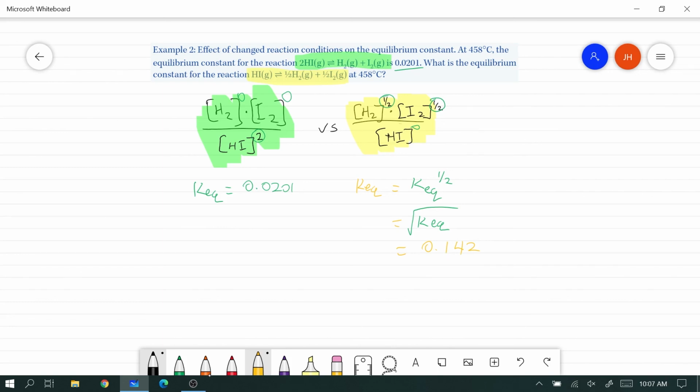On the flip side of this, if we were to look at this reaction here and instead double all of the coefficients, so we had 4HI in equilibrium with 2H2 and 2I2, we would end up having an equilibrium expression that looks like this.